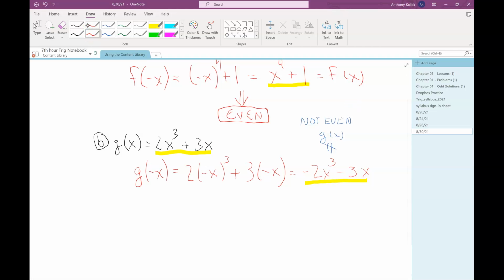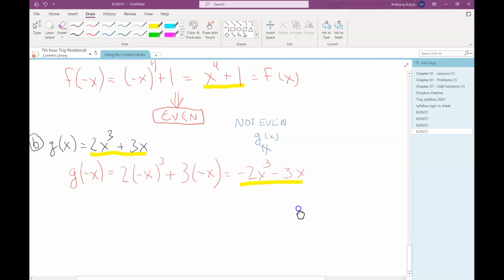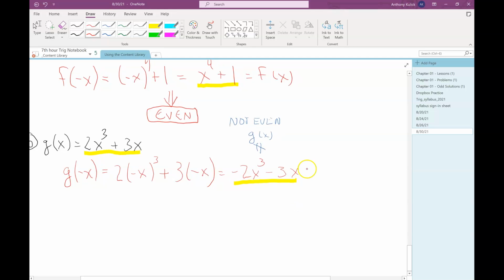So let's keep going then. To check if it's odd, I'm going to factor a negative sign off. So when I factor a negative sign out, the signs are going to flip. So the negative 2x cubed becomes positive, and the negative 3x becomes positive.